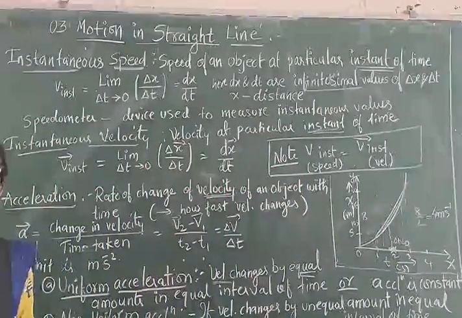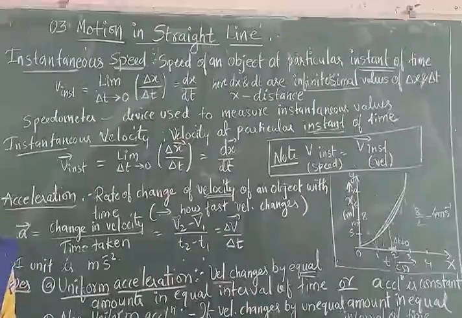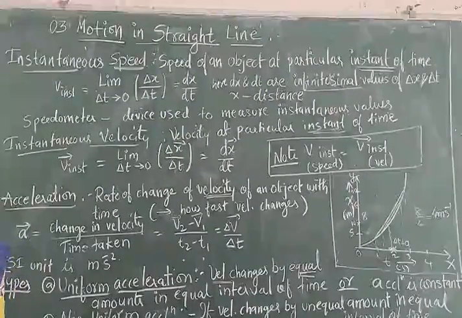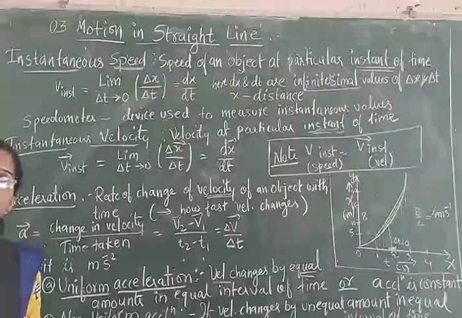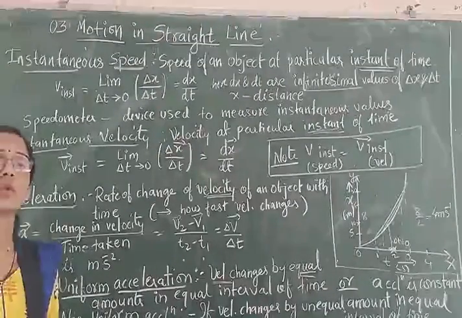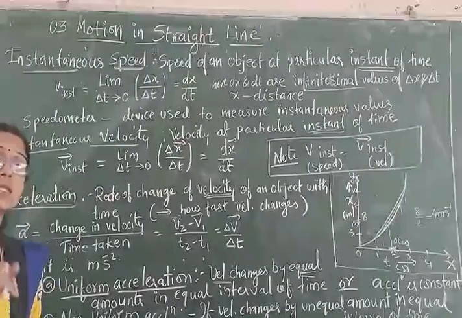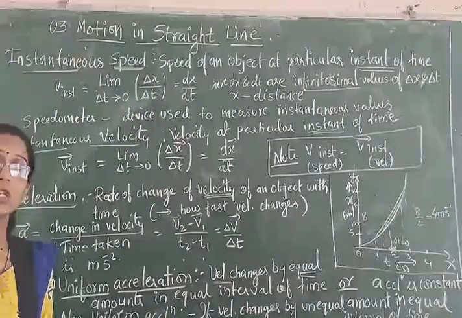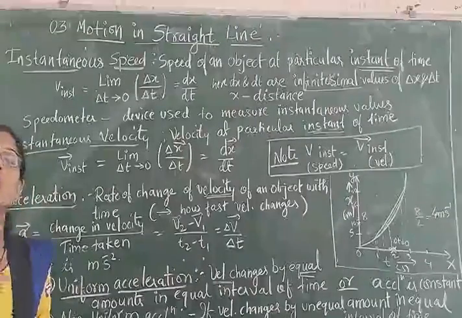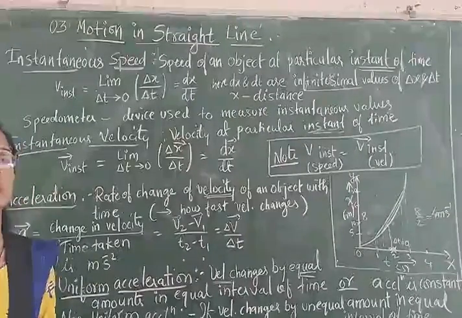In certain cases the velocity may not change by equal amounts, then we need to define the second type, called non-uniform acceleration. Non-uniform means the acceleration is not remaining constant throughout the motion, and the variable here is velocity. So velocity is not changing by an equal amount in equal intervals of time.